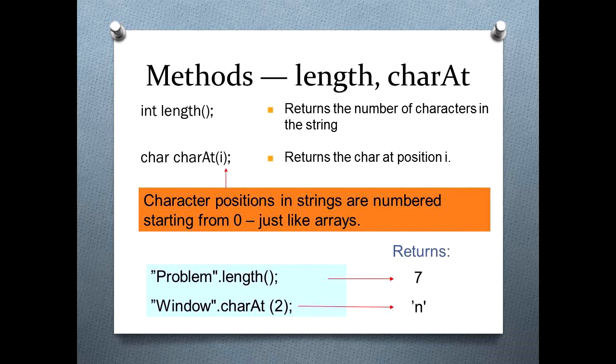The first character will be at 0th position. The second character, that is I, will be in the first position, and the third character will be in the second position. So when I write the method as character at 2, it should give you the result as n. So it should find the index of that number and print the alphabet placed in the string.